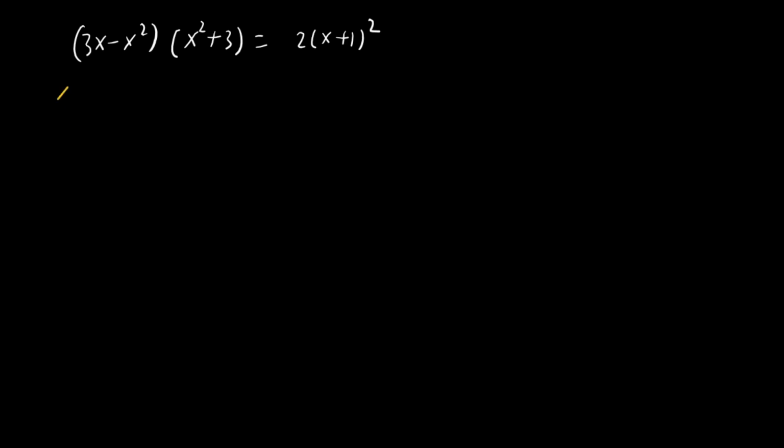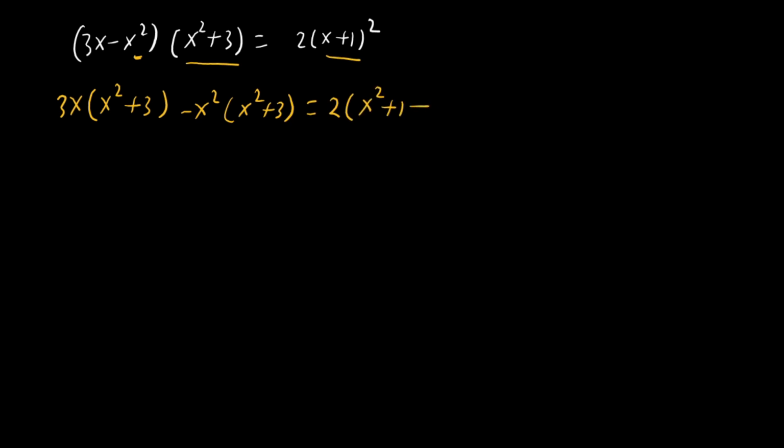Now this 3x is multiplied by (x square plus 3), and this minus x square is multiplied by (x square plus 3), and this is equals to 2 times (x plus 1) whole square, which is x square plus 1 plus 2 times x.